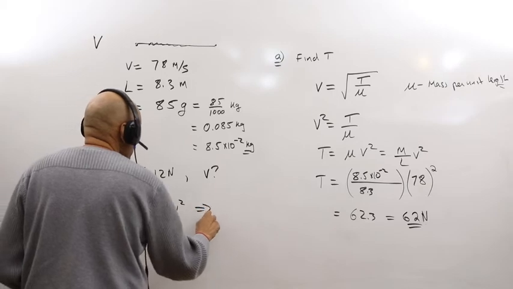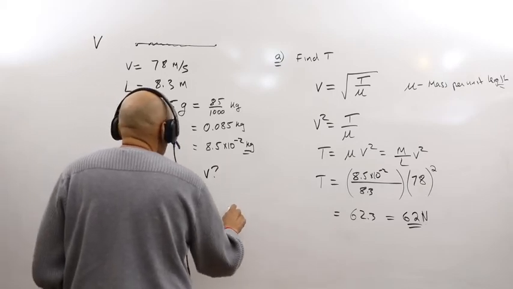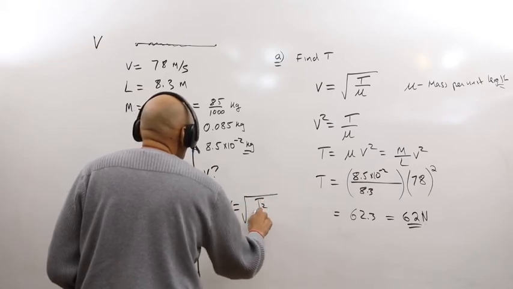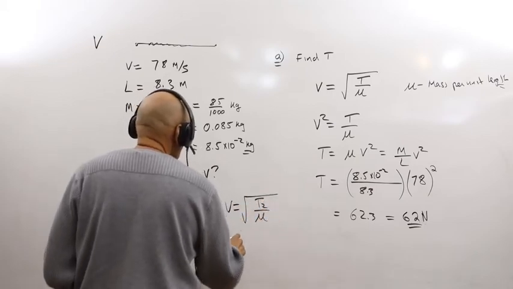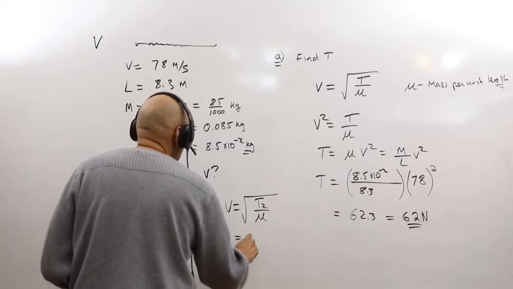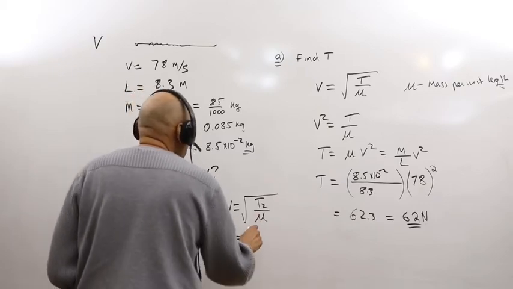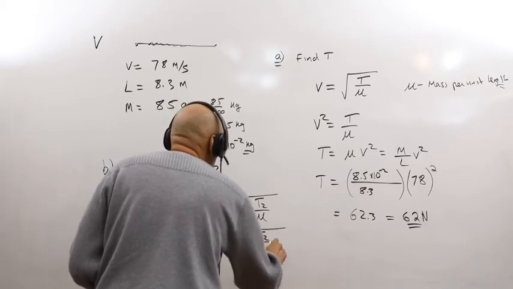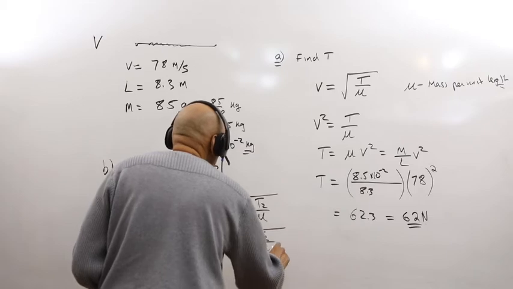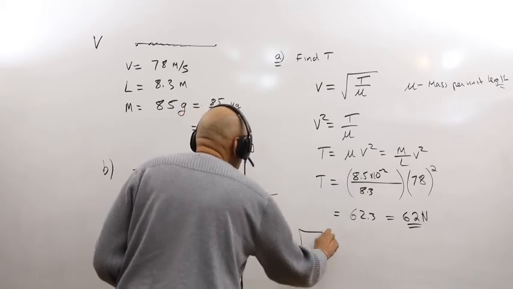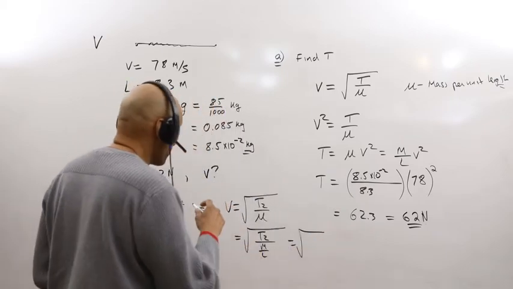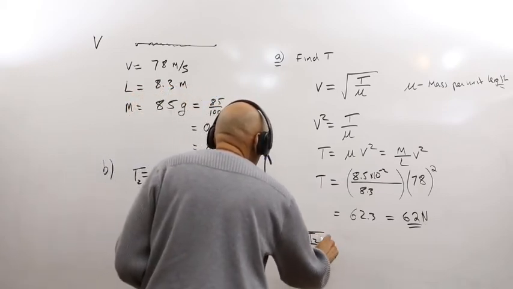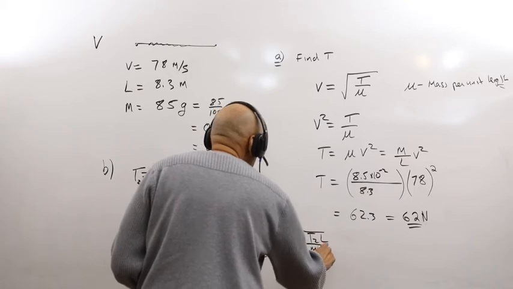This means V is equal to the square root of T2 over mu, which is the original equation. But mu is mass per unit length, so T2 divided by mass per unit length, which is T2 multiplied by L, divided by mass.